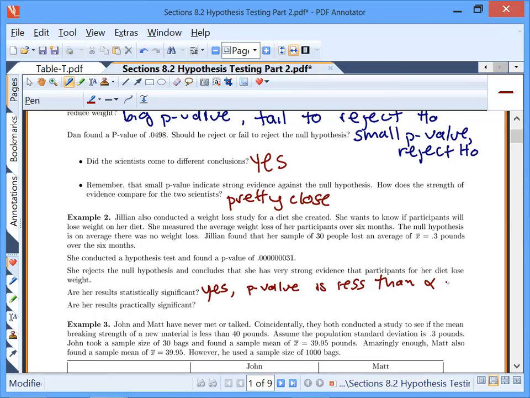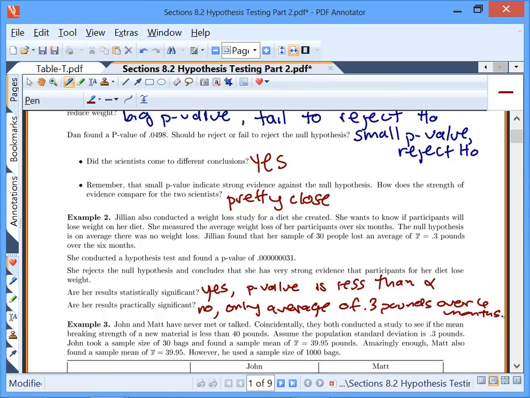Okay. Now, what about are her results practically significant? So this means, would you as a consumer care to go try her product? Why not? She only lost on average 0.3 pounds. You lose that by not eating lunch. So only an average of 0.3 pounds over 6 months.